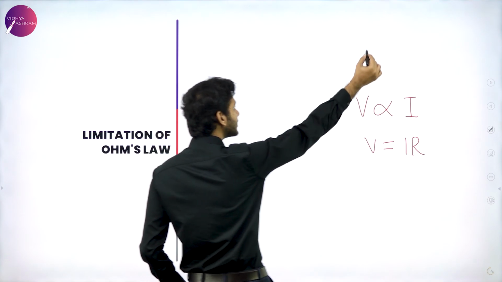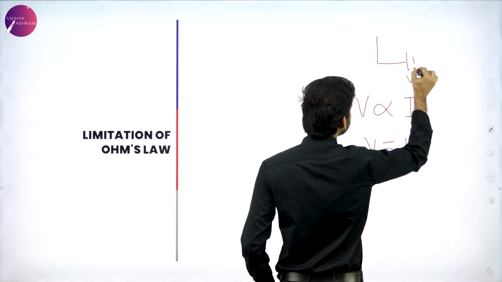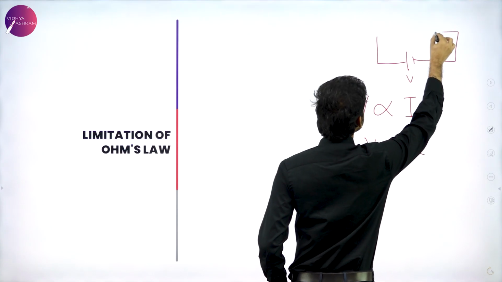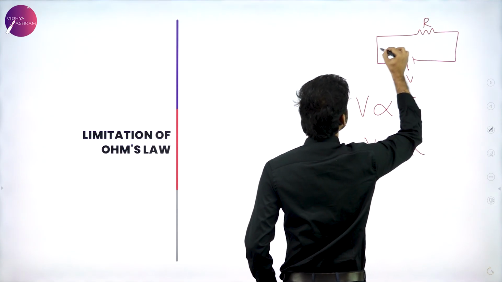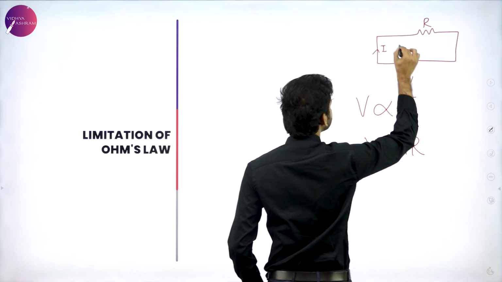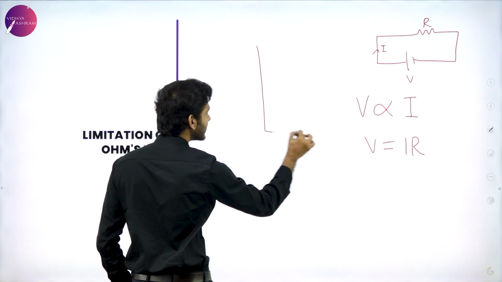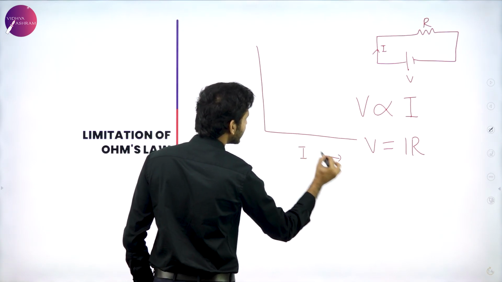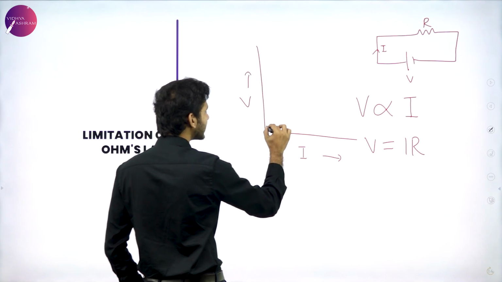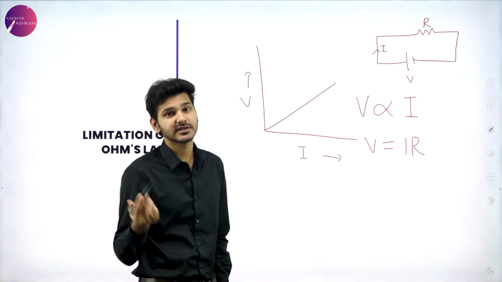So if hypothetically we have a circuit where we have V volts of battery connected to a resistance R through which I amount of current is running, then if we plot a graph between V and I, we saw that the graph would be a straight line. So this was all discussed in the previous session.